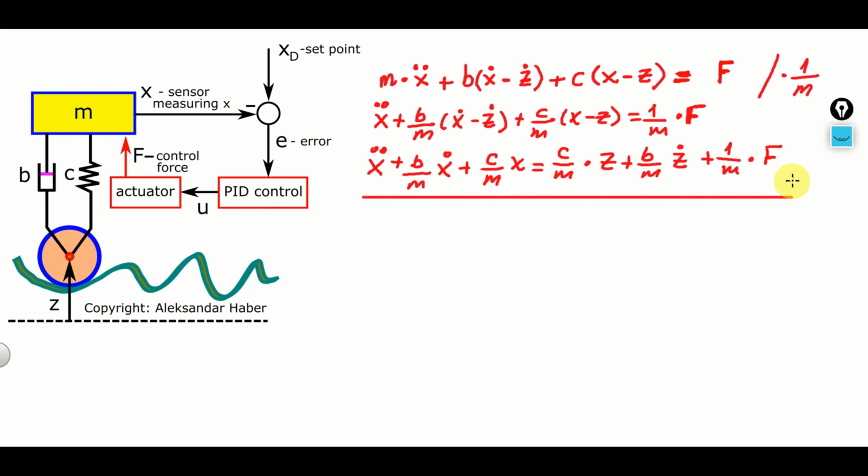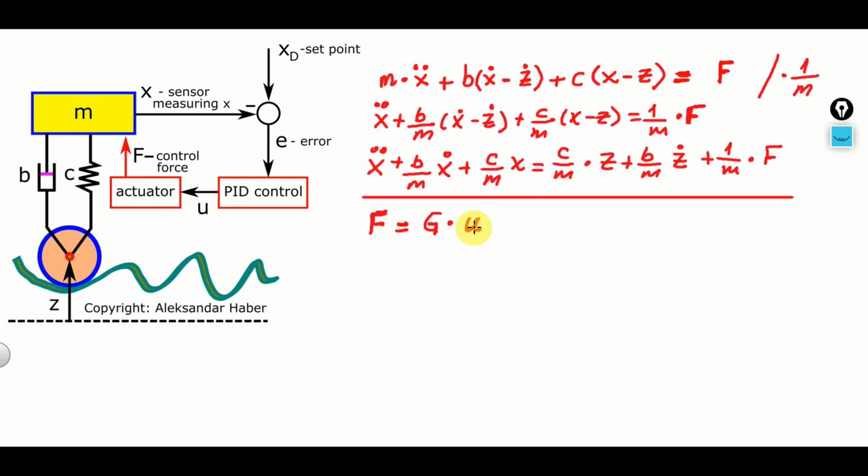Next, let's model the actuator. Here, for presentation clarity and brevity, I will neglect the dynamics of the actuator. That is, I will model my actuator, that is this block over here, as a simple gain. Consequently, we can write that force F is equal to the gain of our actuator, G, times the control input U. The actuator is actually the control input amplifier.